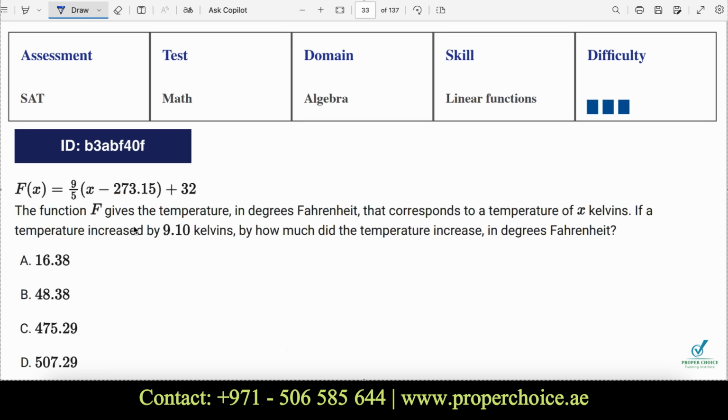The function f gives the temperature in degrees Fahrenheit that corresponds to the temperature of x Kelvin. If a temperature increased by 9.10 kelvins, by how much did the temperature increase in degrees Fahrenheit? So we are asked to find the temperature in degrees Fahrenheit when x increases.